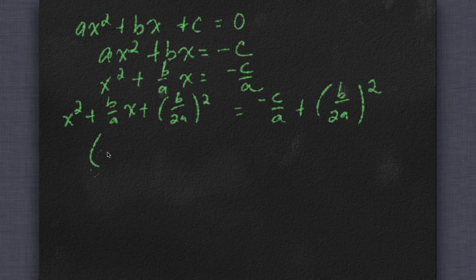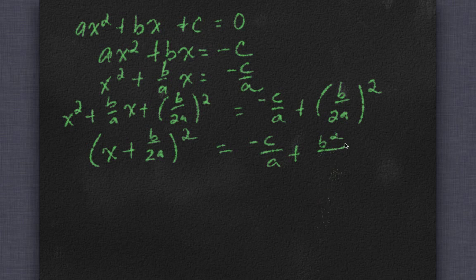So over here, I have made this be x plus b over 2a squared. And over here, I have negative c over a plus b squared over 4a squared. And I'd probably like this to have a common denominator, which is going to be 4a squared. So I need to multiply by 4a divided by 4a.